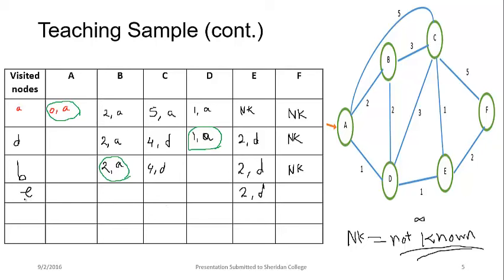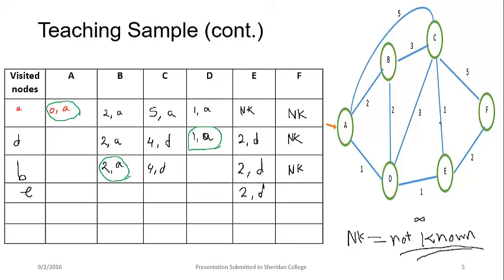Now, from E to C, this is E, and going to C, it takes me 1 unit, cost to get there. But earlier I started from A to D and E, 1 plus 1 plus 1, that means 3.